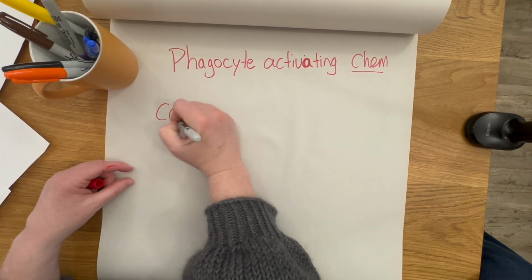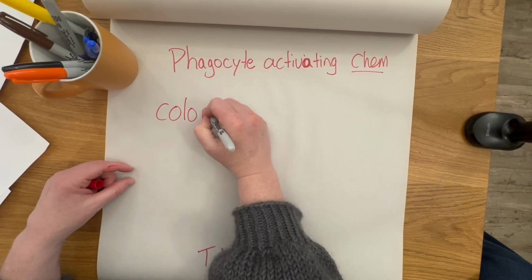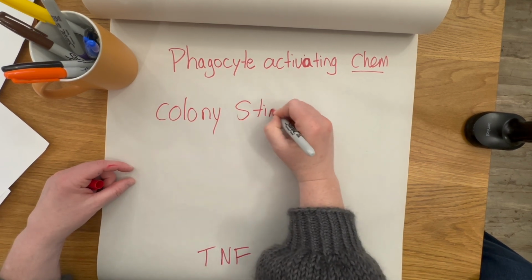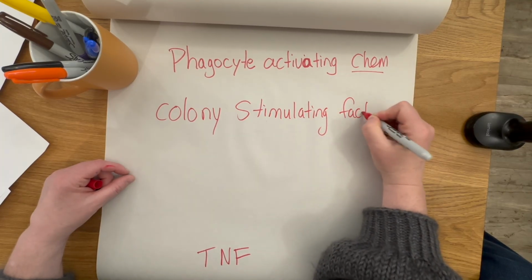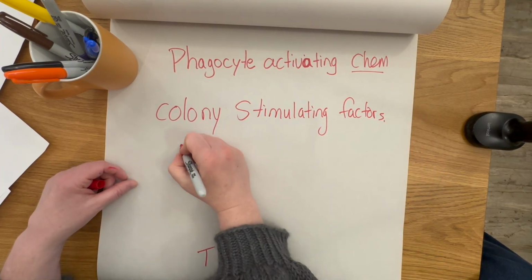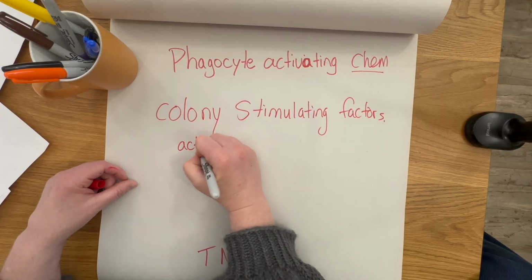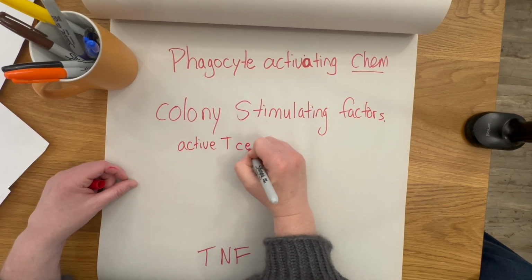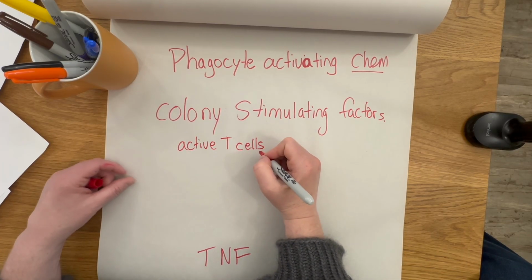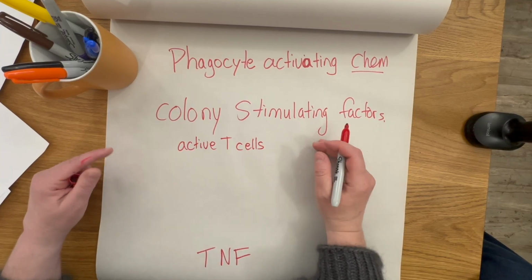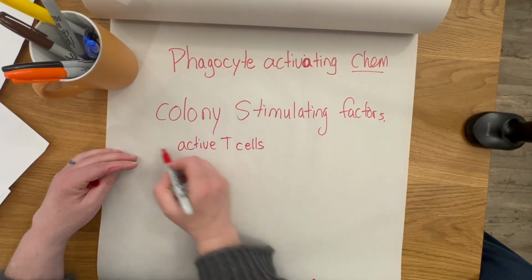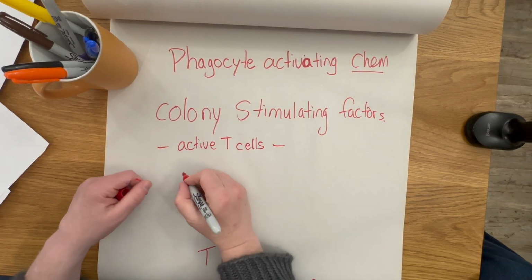And then we have colony stimulating factors that we mentioned earlier. And these are important because once T cells are activated, active T cells, and monocytic macrophage systems and endothelial cells and fibroblasts, all of these are stimulated to move on.